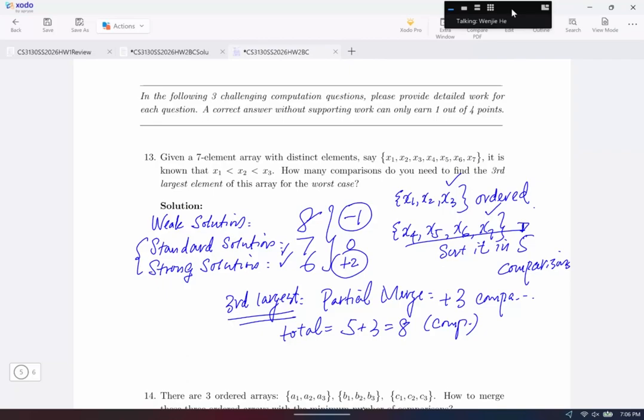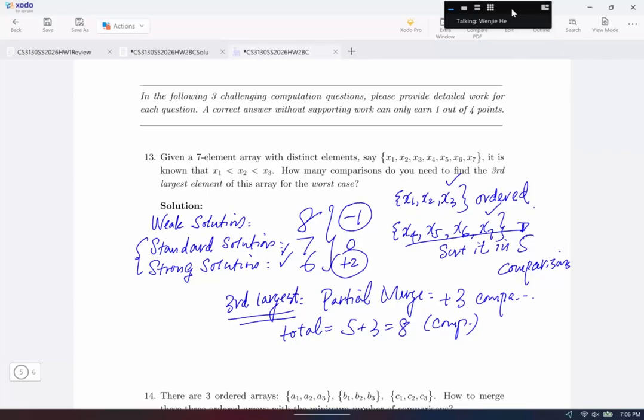If you only list several comparisons, with no discussion, I do not treat it as a valid solution. That's very common in your first homework assignment and also your midterm. I can see that's quite common. Just a list of comparisons, no discussion. I want to see your discussion and explanation.